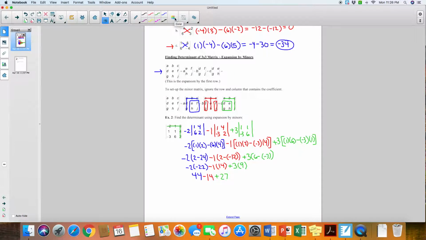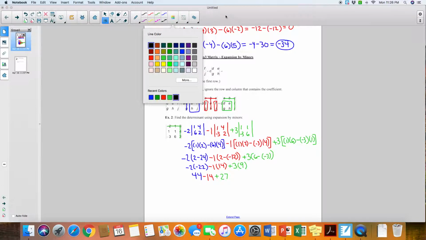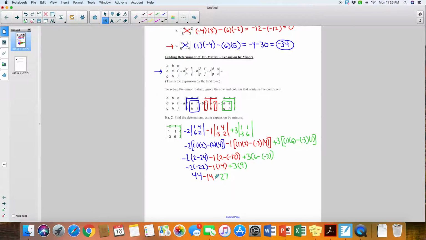So 44 minus 14. I'll switch to black now. So 44 minus 14 is going to give me 30. And then 30 plus 27 is going to give me 57. All right, so the determinant of that particular 3 by 3 matrix is going to be 57.